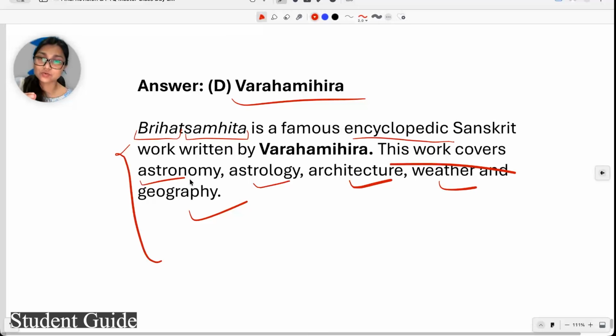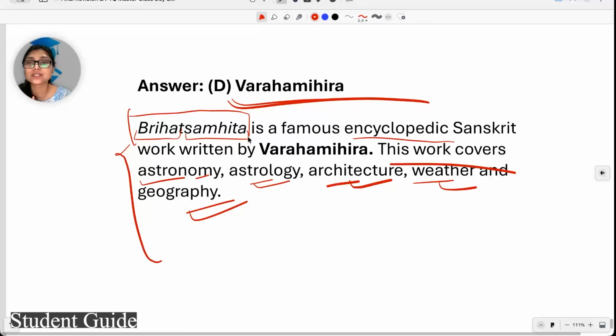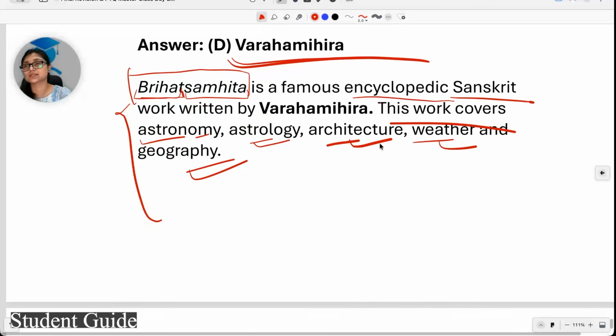They knew astronomy, astrology, architecture, weather, and geography also. It means they were all-rounders, they knew everything. So you need to remember his name, Varahamihira, and his work, the Brihat Samhita, which is a famous encyclopedic Sanskrit work.